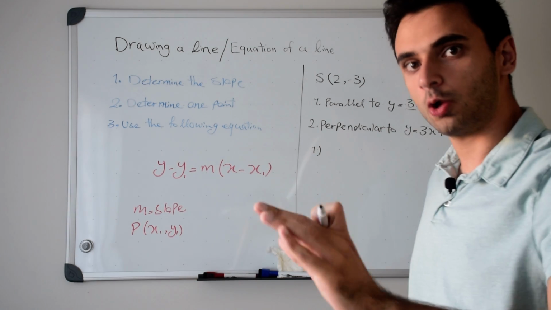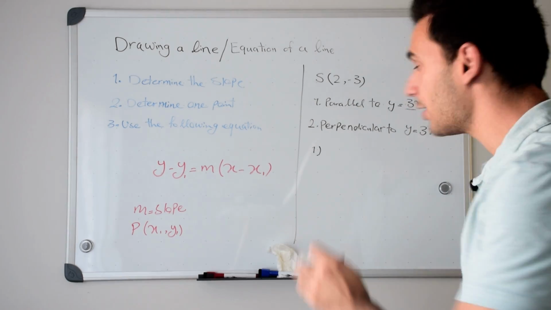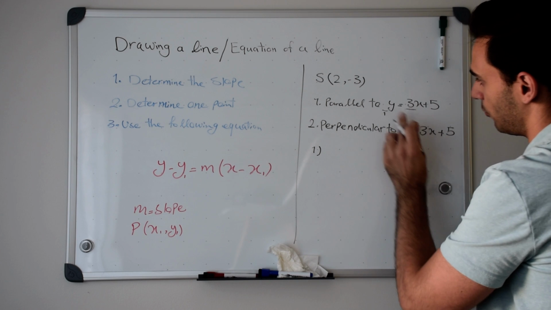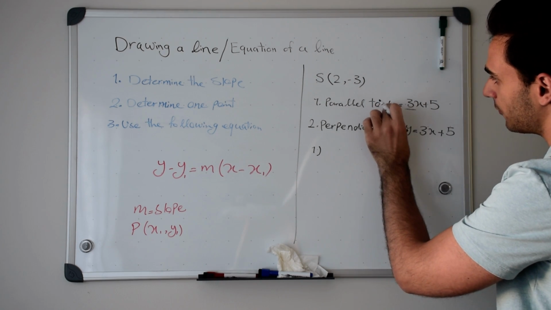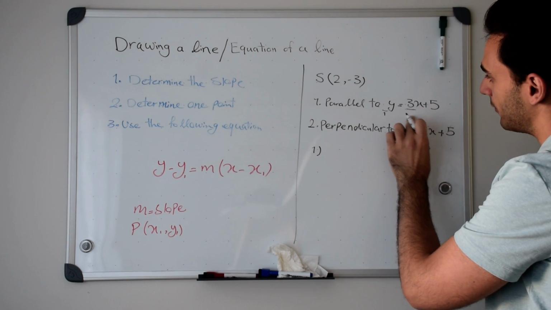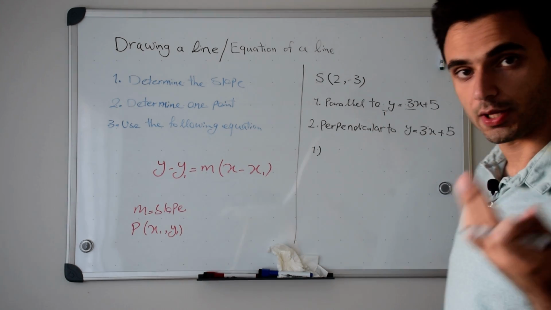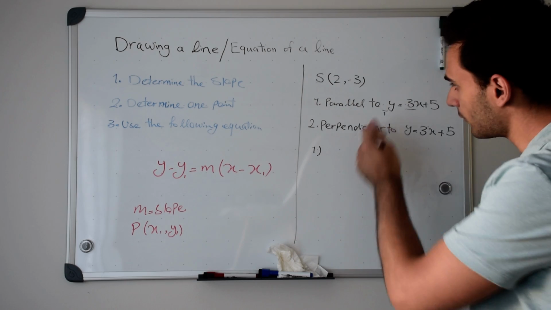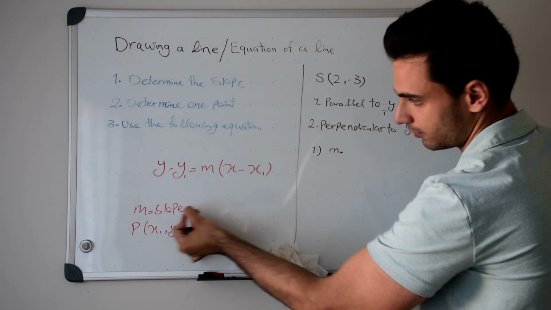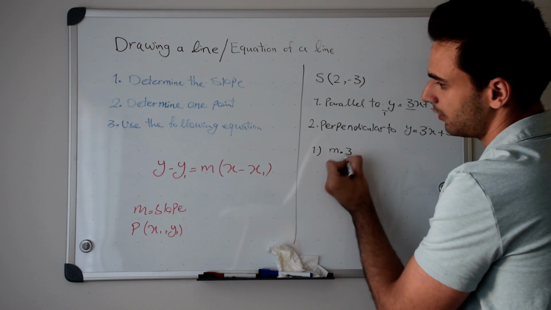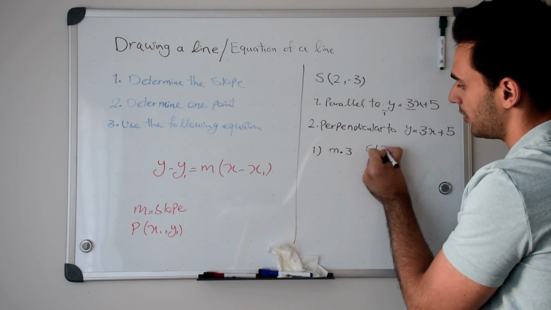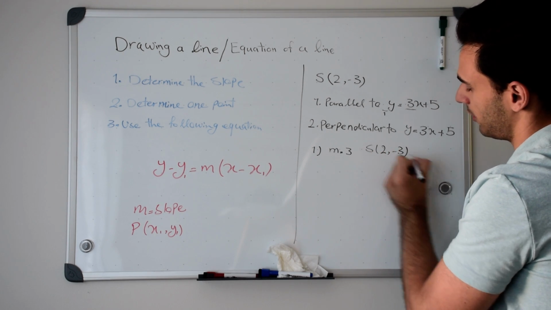Slope is always the coefficient of the x when the coefficient of the y is 1, which I have here. Now I know m, which is the slope, is 3, and I have one point, sorry, S (2, minus 3).